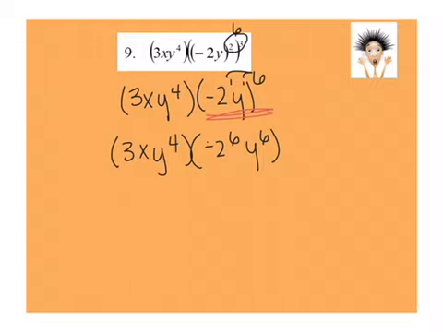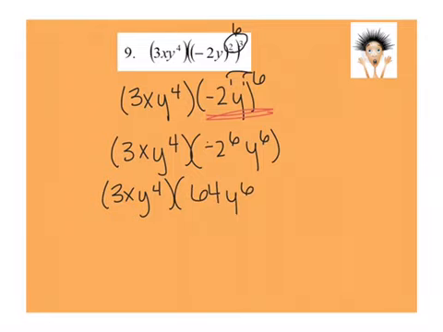Now I want to simplify that negative 2 to the 6th. So I'm going to do that in my calculator here. Remember, when you plug that in, you want to do negative 2 in parentheses and then put it to the 6th power. So I'm still going to have the 3xy to the 4th. And now that negative 2 to the 6th, I got 64 y to the 6th.